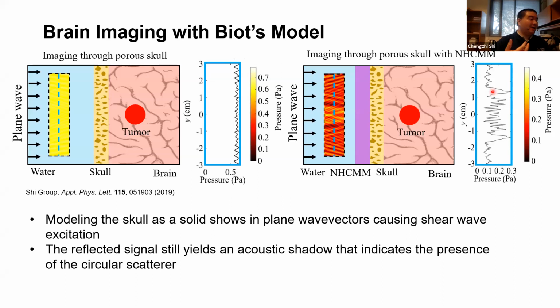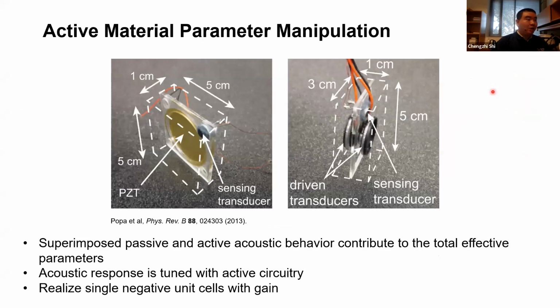So this dates back to the project I worked on with Mark at Berkeley. We actually used an active metamaterial to achieve the acoustic gain. The story is we can try to use a feedback circuit to connect two pieces of PZT. One is serving as the sensor and the other is the transducer.